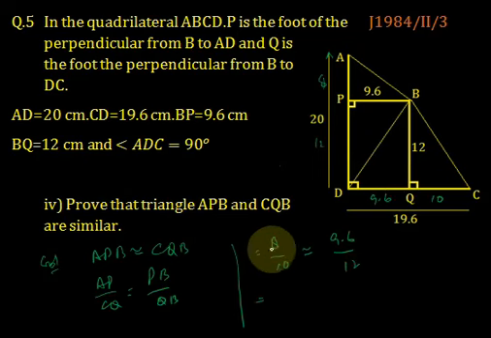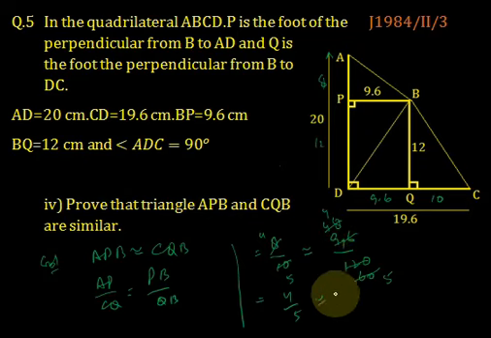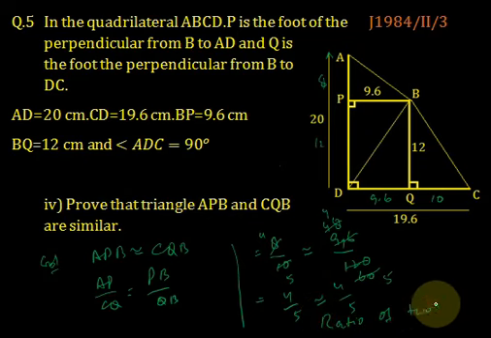Cutting by 2, 8 upon 10 is 4 upon 5. And removing the decimal, 9.6 upon 12 is 96 upon 120, which is also 4 upon 5. Both ratios are the same, since the ratio of two sides is the same.